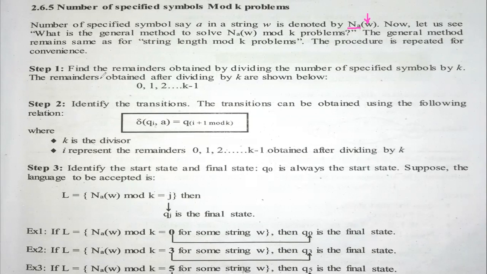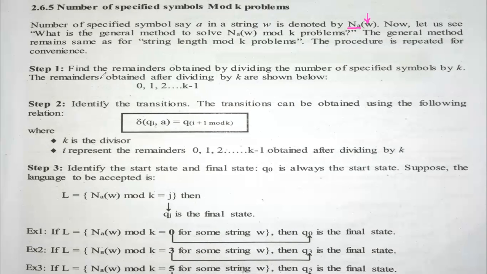What should be the first step? Obvious. The first step: find the remainders obtained by dividing the number of specified symbols by K. We need to find what possible remainders we can generate from a value K. See, if K is equal to 3, dividing any number, the possible remainders would be 0, 1, 2.